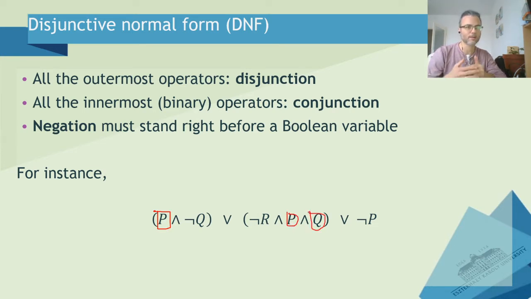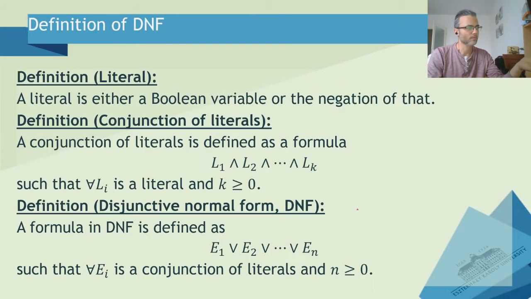So the variables are on the lowest level, in a non-negated or a negated form. So we call all of them literals. A literal is either a Boolean variable or a negation of a Boolean variable. This is the definition. This is such an easy definition. You must remember that.